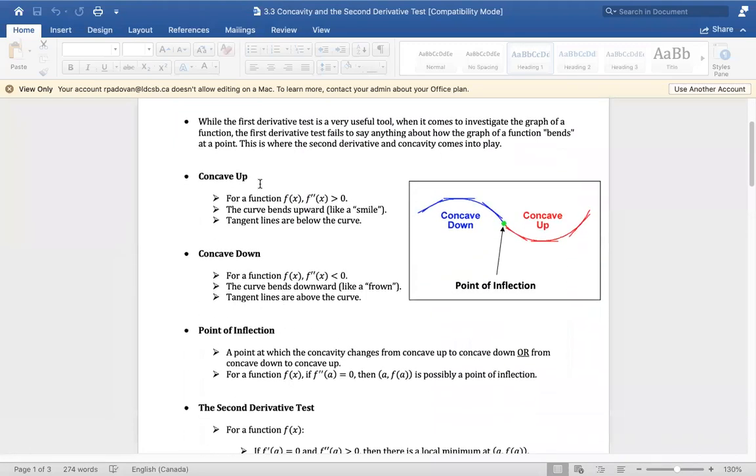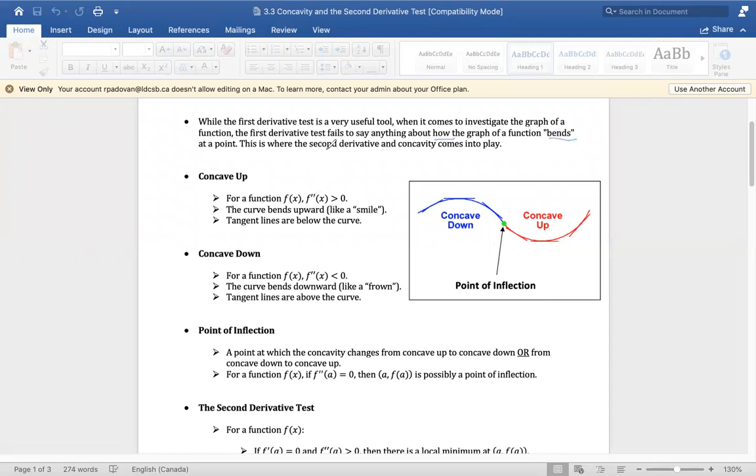So, well, the first derivative test is a very useful tool, right? We've gone over the chart of using the first derivative test. When it comes to investigating the graph of a function, the first derivative test fails to say anything about how the graph of a function bends at a certain point. So just to underline that, it's not telling us how the graph bends.